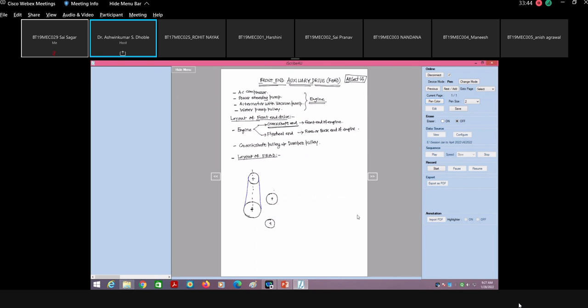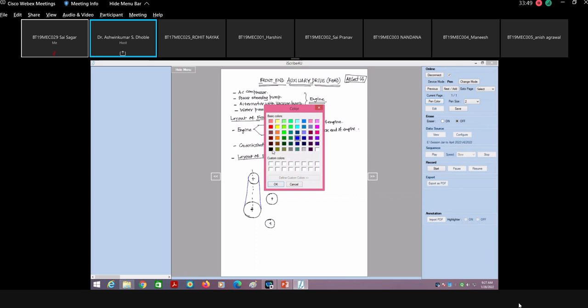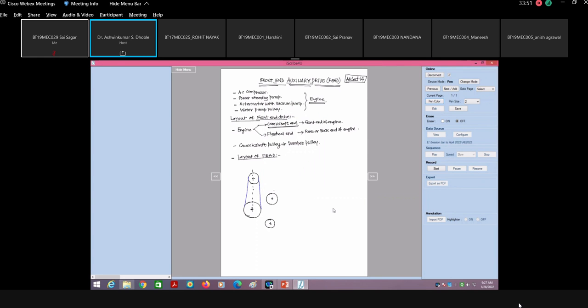Okay, then this damper pulley, if you see the side view, has multiple pulleys. This is one slot, this is the other slot. From the inner slot you take the drive for the power steering pump. If you see the side view of the crankshaft pulley, it looks something like this.